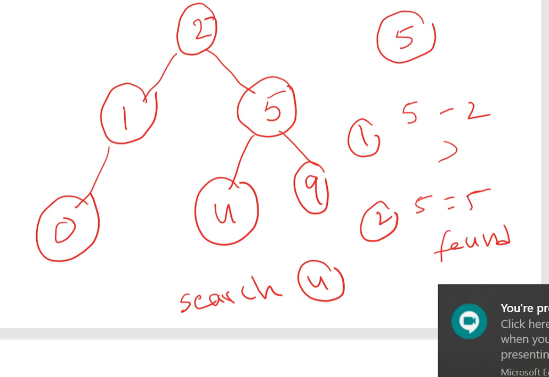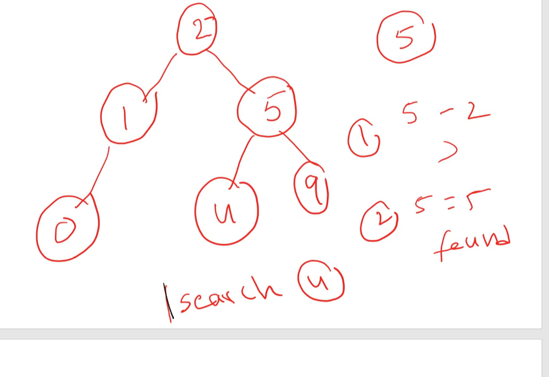Okay. Can you say how many steps here to search the element 4? I want to search the element 4. How many steps do we require here? 4 steps. 2 steps. 3 steps.